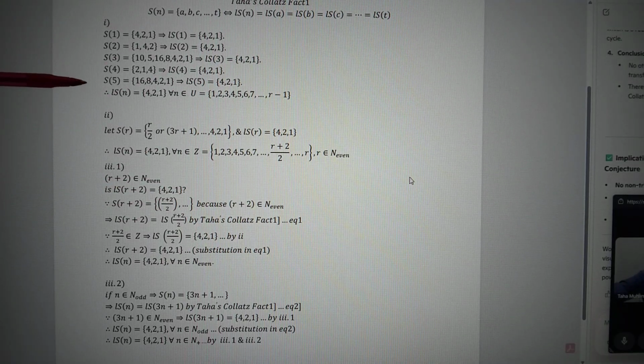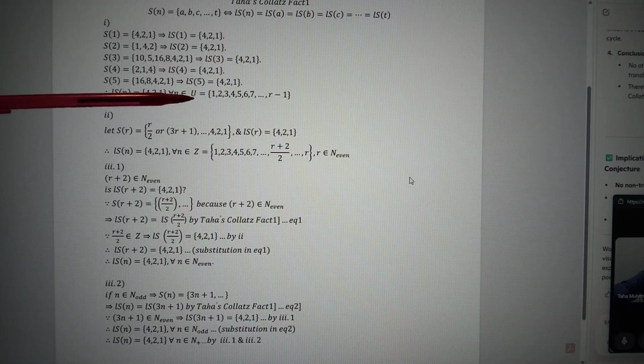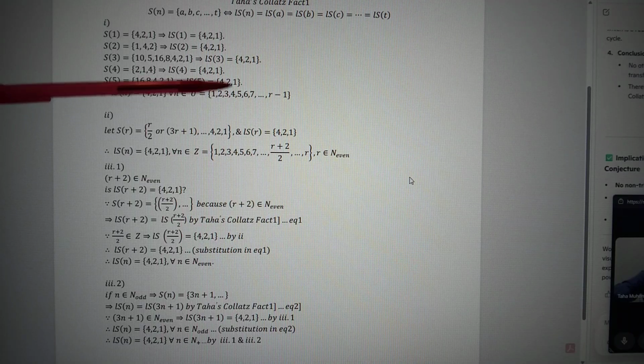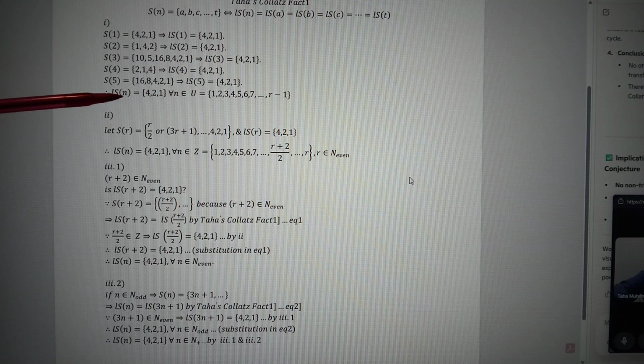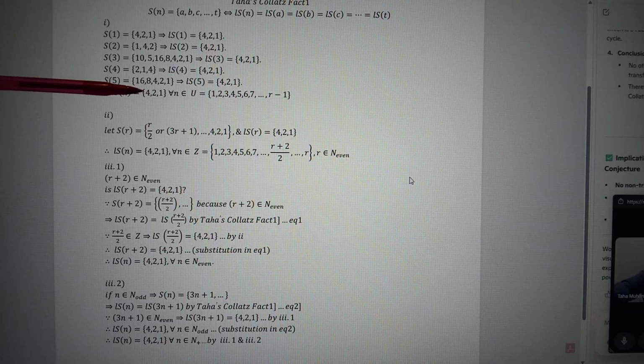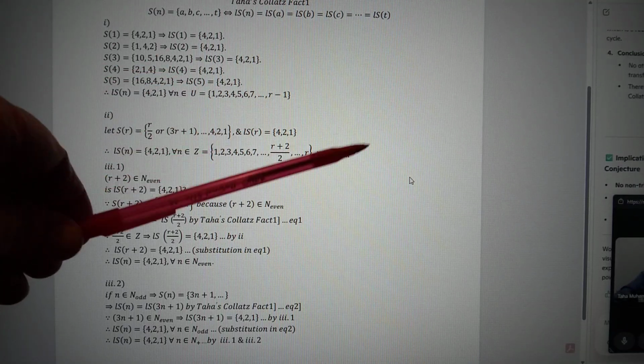That means we have a set, name it U. Any integer in this U has the loop 4 to 1, as you see. Go to 1,000, a million, by machine you can do it, then you get that. But what about after that? Okay, I went until R minus 1.